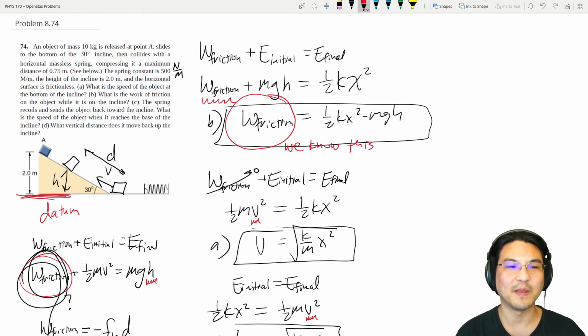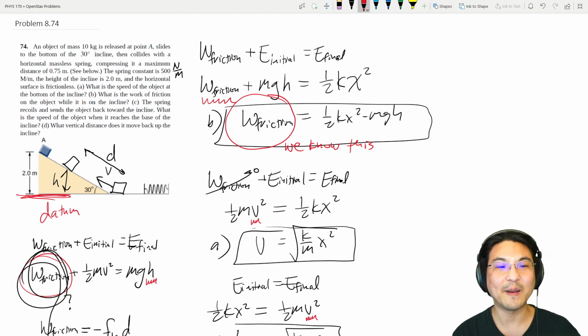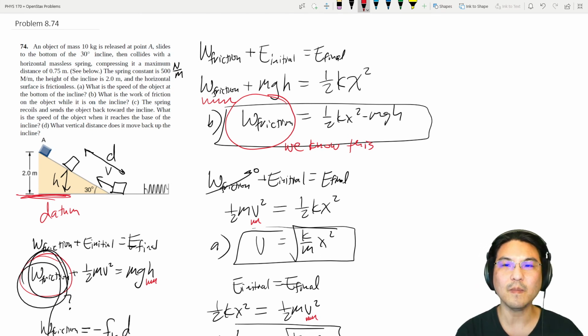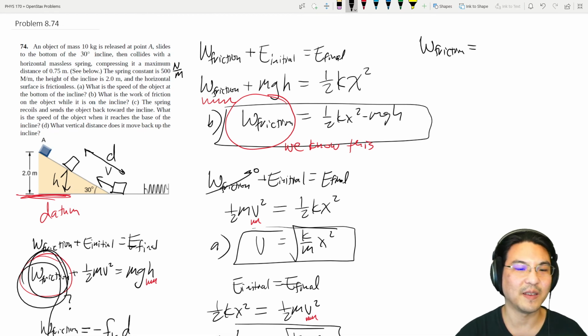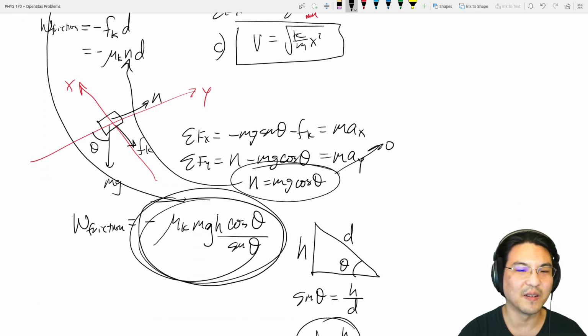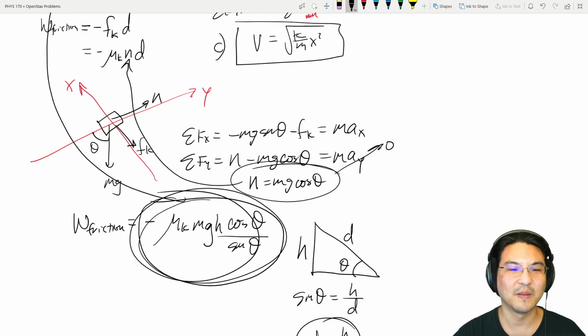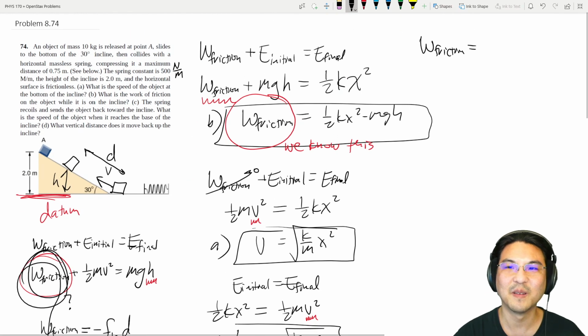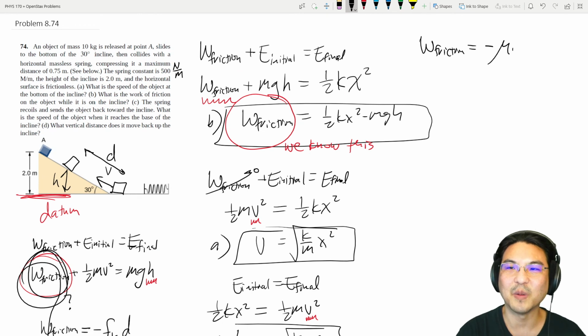And when the block was sliding down the ramp, work by friction is exactly the same expression here. So let me jot that down over here. Minus mu k mgh over tangent theta.